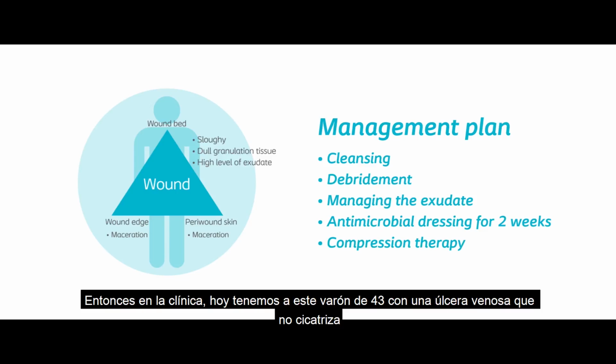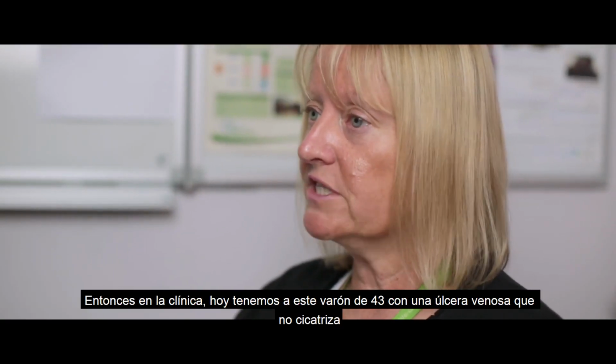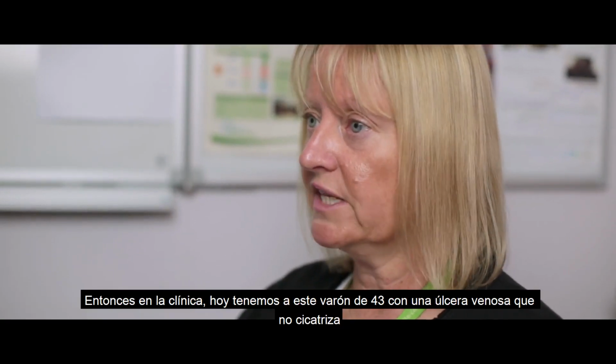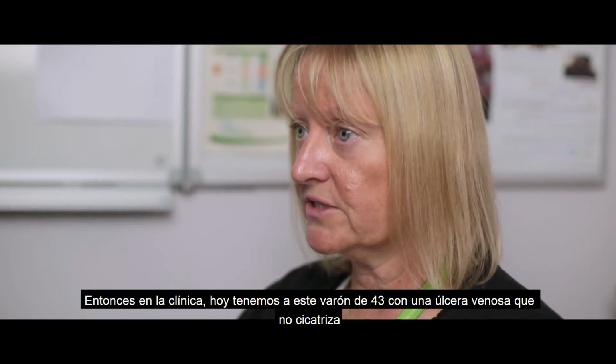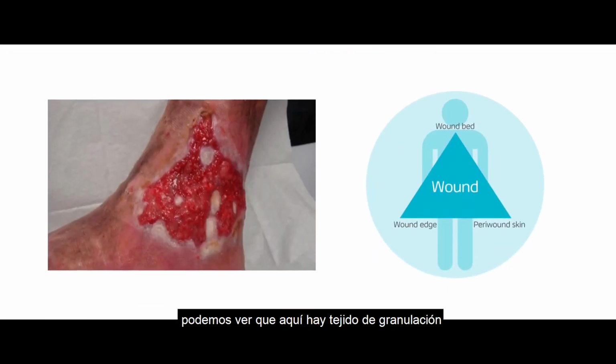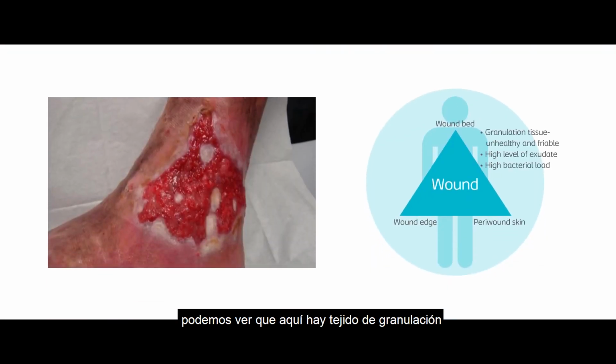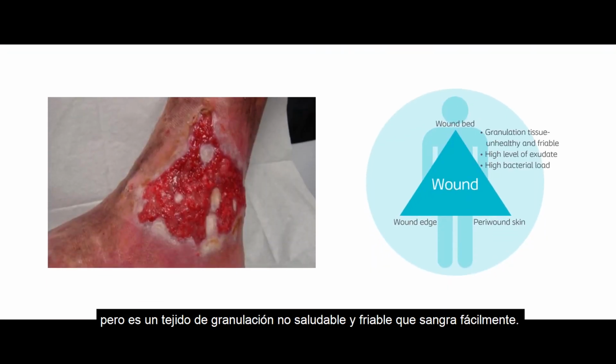So in clinic today, we have this 43-year-old gentleman that presents with a non-healing venous leg ulcer. It is painful and it's malodorous. When we use the Triangle of Wound Assessment framework, we can see that there's granulation tissue here, but it's unhealthy, friable granulation tissue that bleeds easily.